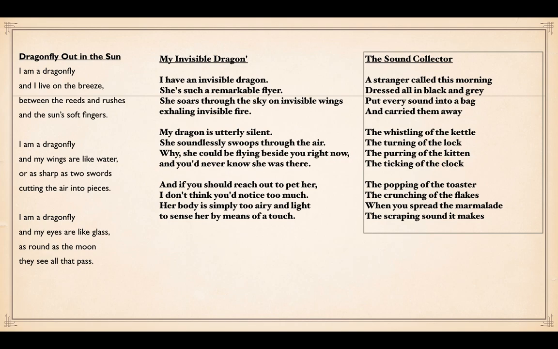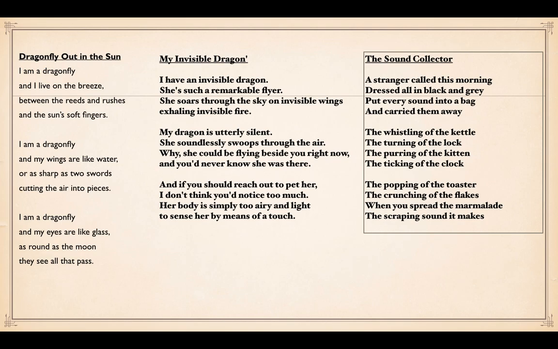There is no punctuation until, I've only got the first three verses here, but there's no punctuation at all in the first three verses, except each line always starts with a capital letter. That's it. But there are no full stops, no exclamation marks, no commas, and so on. So virtually no punctuation until you get to the very end of The Sound Collector.